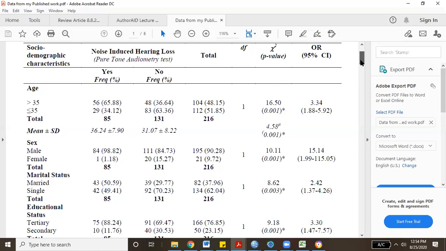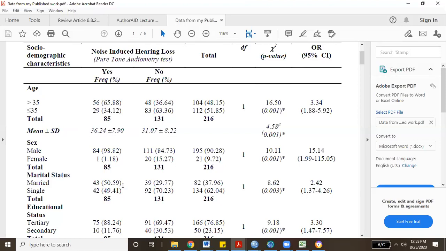So when I adjusted for confounders, in the bivariant, you put the two variables at a time, meaning you put the independent variable, example age, and the dependent variable or the outcome, example the noise-induced hearing loss, in the bivariant analysis pool, one at a time. Age and noise-induced hearing loss, one at a time. Sex and noise-induced hearing loss, one at a time.